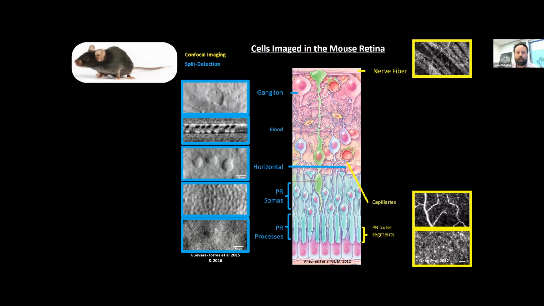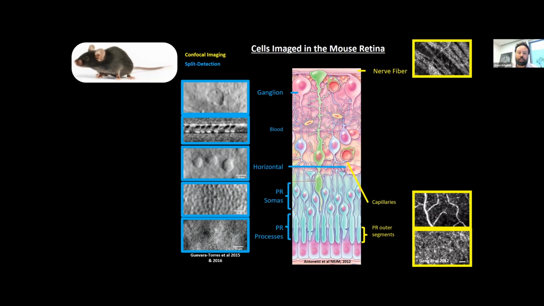This goes by a number of different names: split detection, offset aperture imaging, multi-offset aperture imaging, and others. Basically, the operating principles are similar in that we capture non-confocal light in order to optimize the multiply scattered and refracted light at the level of single cells in the back of the eye.